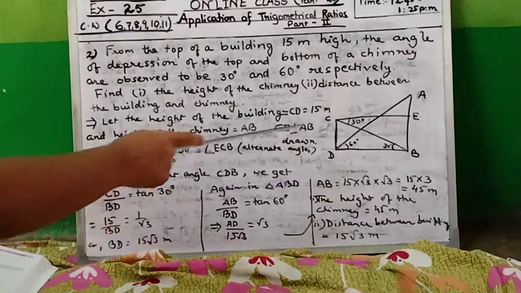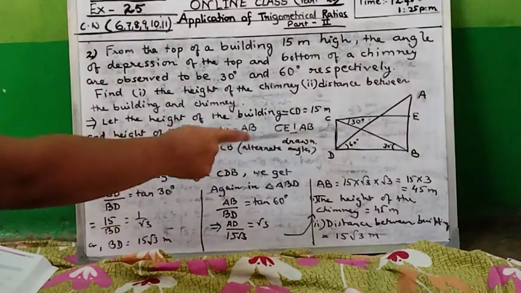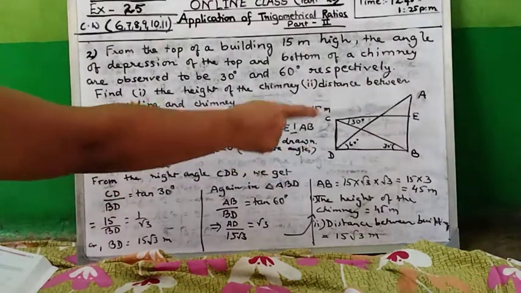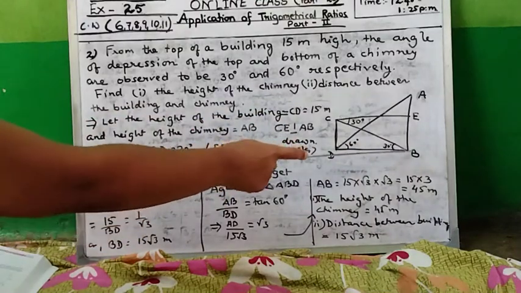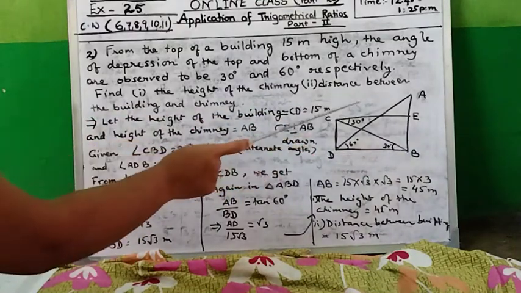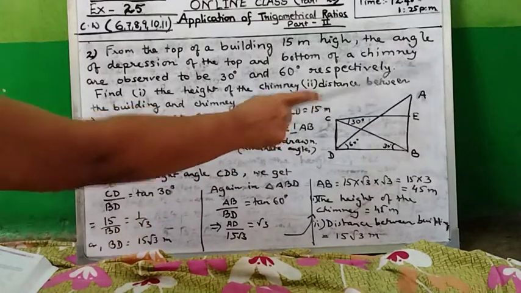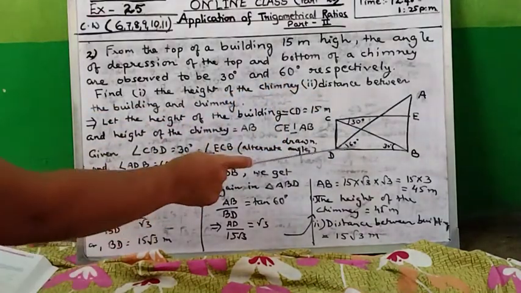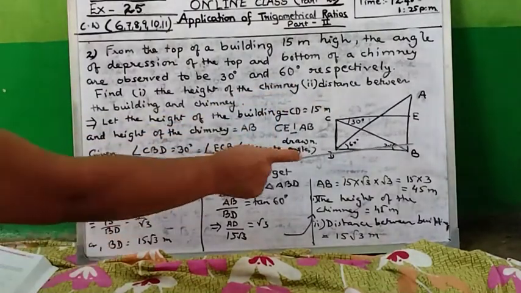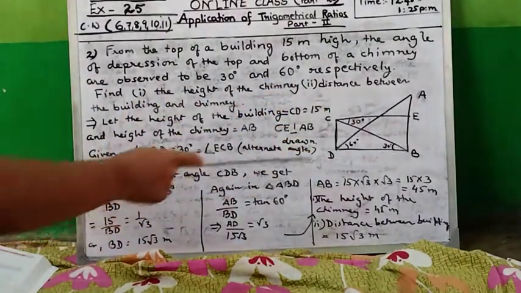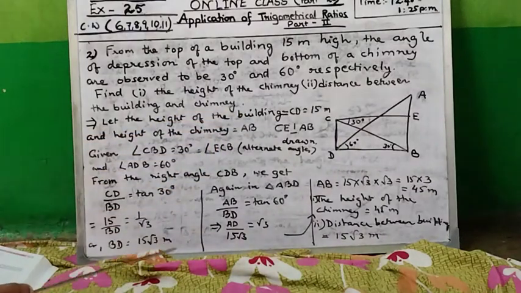Alright, so this is the picture of the building and this is the long chimney. From here I am standing, I am watching the chimney at the bottom, and I am watching the chimney from here, the top portion. Clear? I am watching from here the top of the chimney, I am watching from here the down part of the chimney, and this is the building where I am standing.